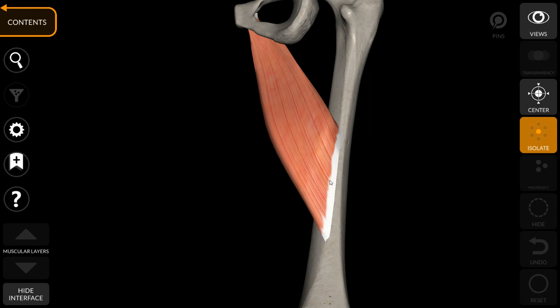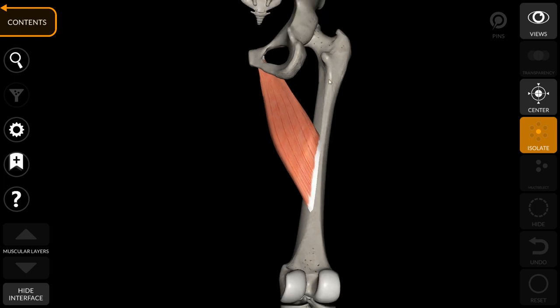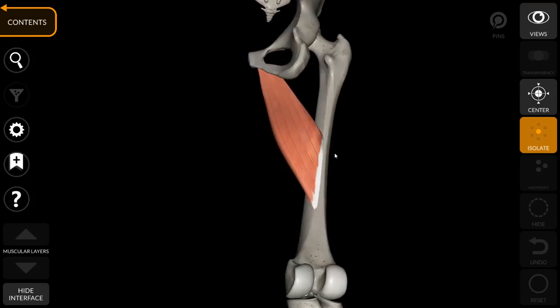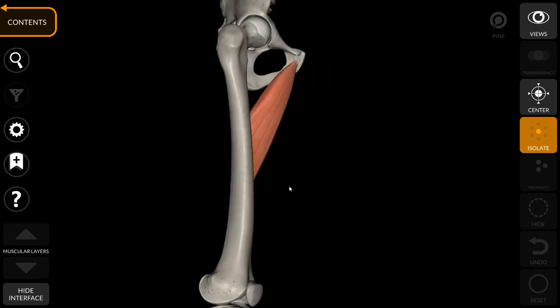In this case, your adductor longus inserts into the linea aspera. Which part? More specifically, not the whole linea aspera, but the middle one third. Origin: superior ramus of pubis. Insertion: middle third of the linea aspera. Right?